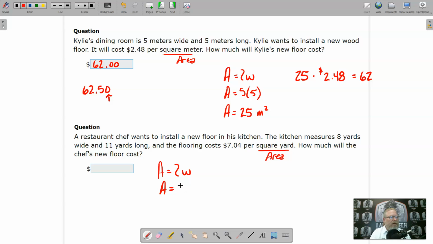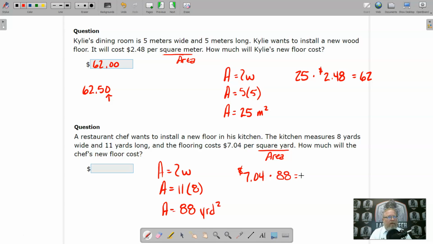So we know that area is equal to length times width. So let's plug in those values. Area is equal to, I guess 11's longer than 8. We'll call 11 the length, and we'll call 8 the width. So in that case, we're going to have an area of 88. 88 what? 88 yards squared. Now it is $7.04 a yard, so we're going to take $7.04 and multiply it by the number of square yards, which in this case is 88.